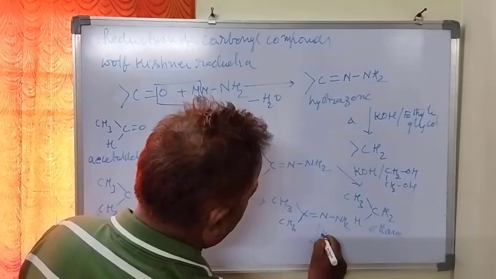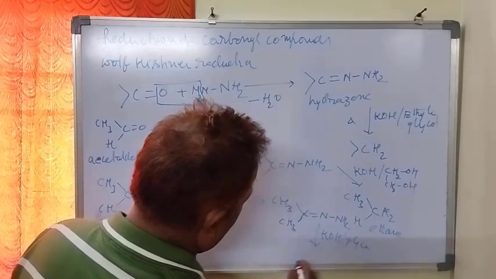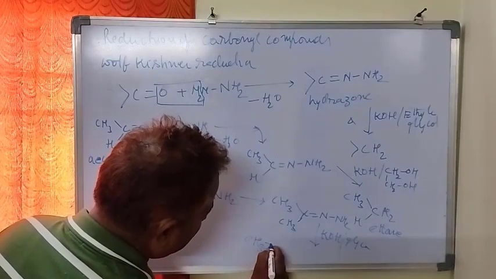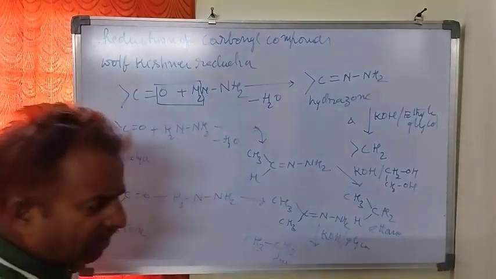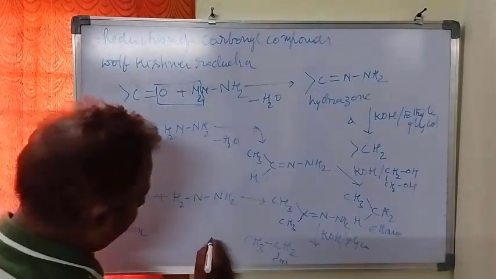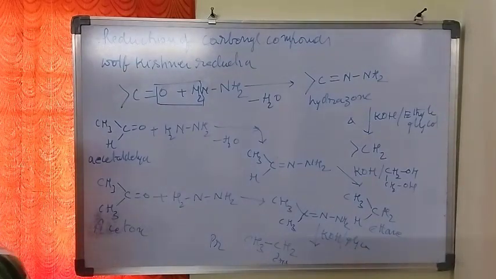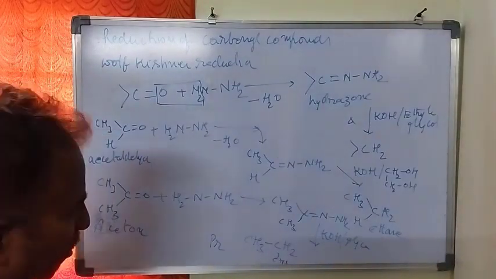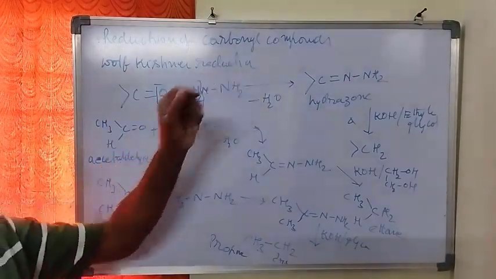So this in the presence of KOH and ethylene glycol, what do we get? CH3CH2CH3. So this is nothing but propane. Thus in Wolff-Kishner reduction, what happens? The carbonyl compounds are reduced to respective alkanes. This is propane. So this is the reduction of carbonyl compounds.